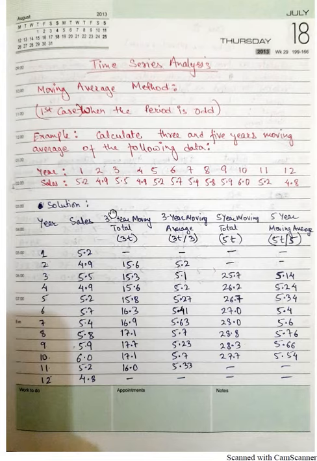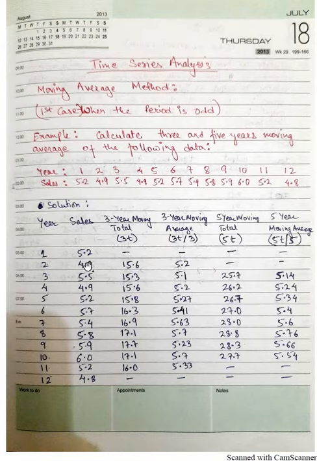So it is the 3-year moving total. So how do we find it? We start from here. Since it is 3-year moving total, we add up the first three values first, that is 5.2, 4.9 and 5.5.